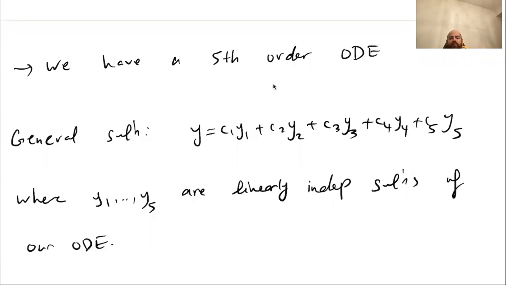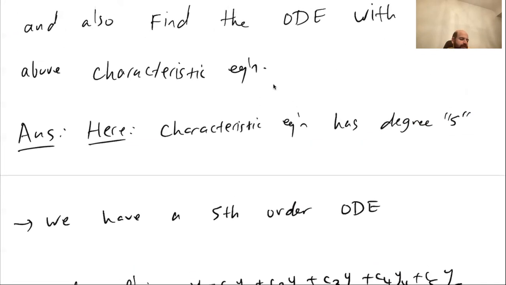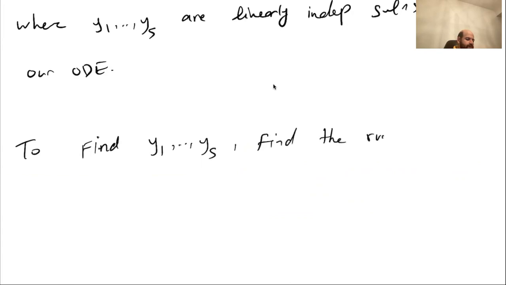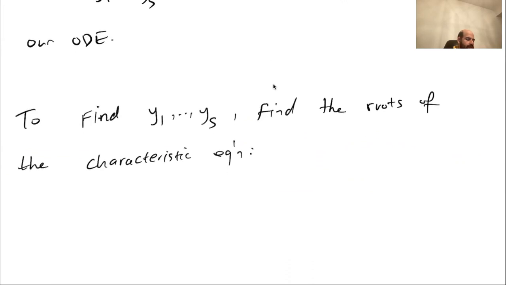And how can you find y1 to y5? We need to find r1 to r5, the roots of the characteristic equation.